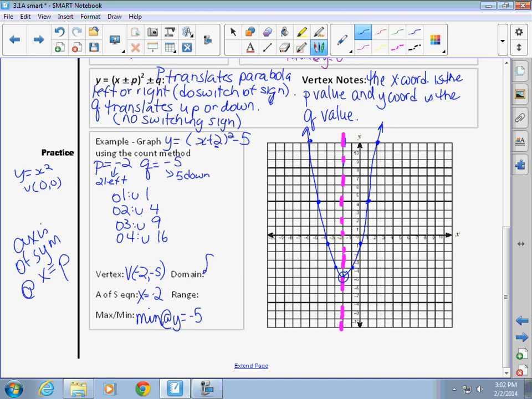Domain: set of values for x such that x is an element of real numbers, and my range: set of values for y such that y is greater than or equal to -5, and y is also a real number.